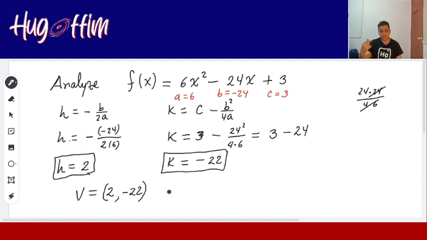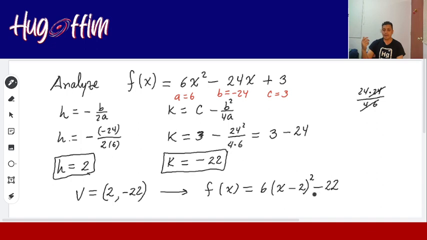Or if you want to write it in vertex form, the function is going to be a, that is 6, times x minus h, so minus 2, to the second power, minus 22. Okay, so this is the vertex form of this function.